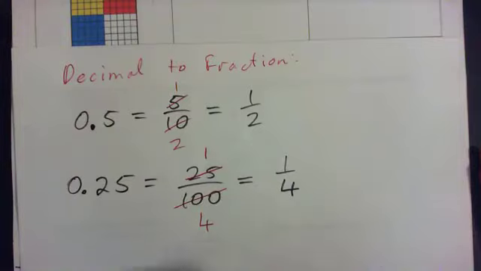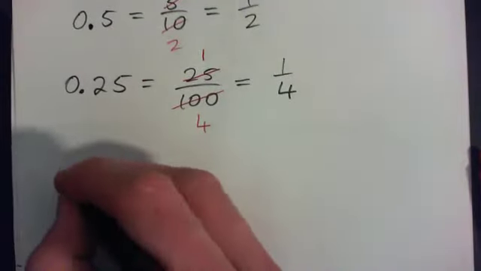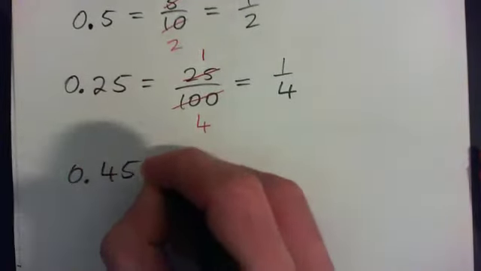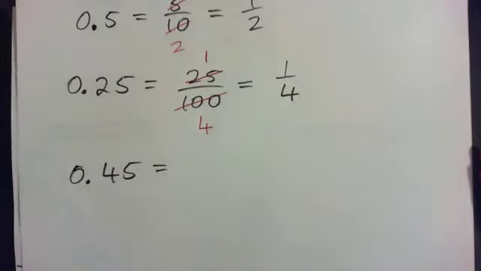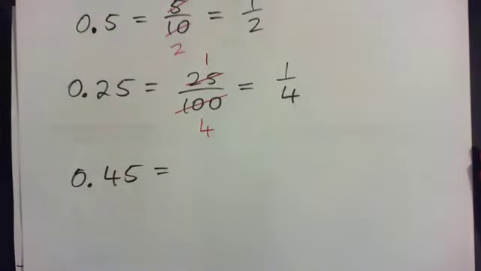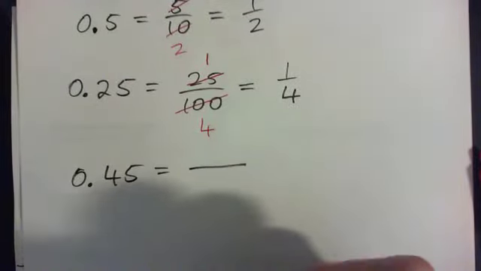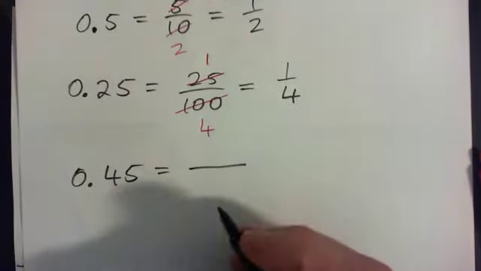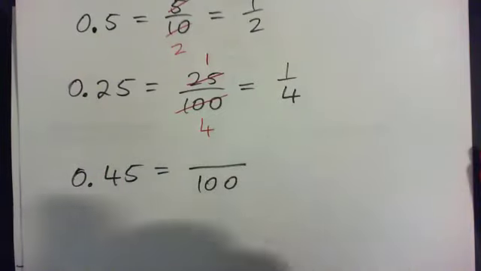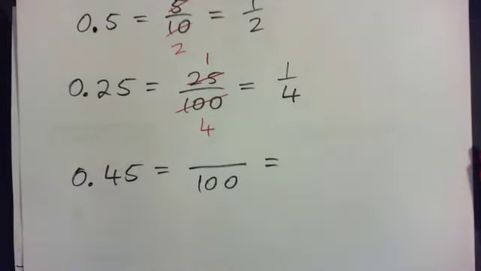Let me give you one practice one before we move on. Can you convert 0.45 into a fraction in lowest terms? As a fraction, something over, what have we got, tenths or hundredths here? Hundredths, right? Something over 100, and then convert it by putting it in lowest terms.